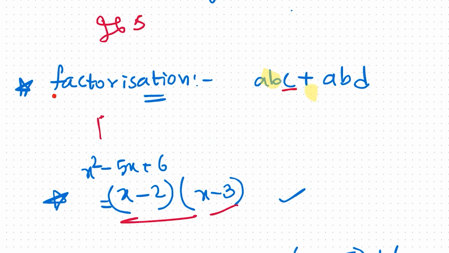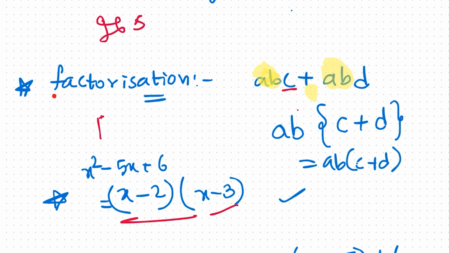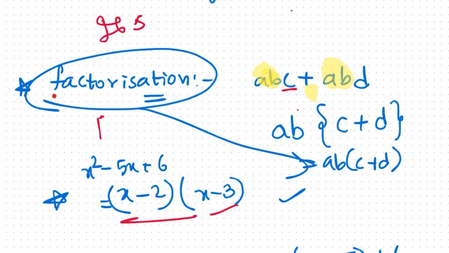So take out ab throughout. If you take out ab throughout, c plus d. So ab into c plus d is the answer. Factorization means something into something.